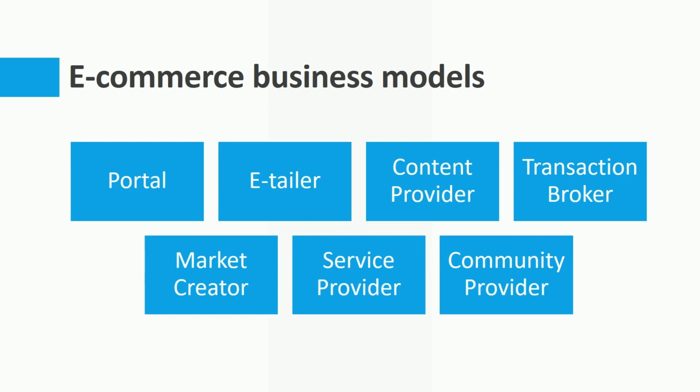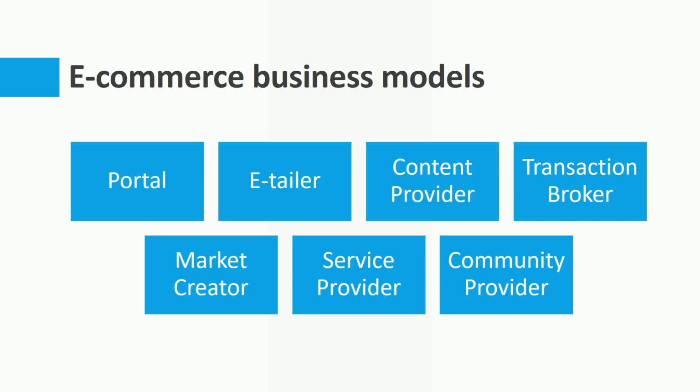So the rise of the internet has led to the emergence of new e-commerce business models, transforming the way goods and services are bought and sold. Portals like Yahoo and Facebook serve as central hubs for users, offering a range of services from news to shopping.